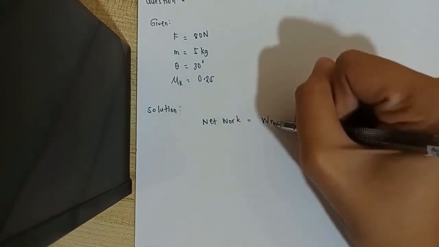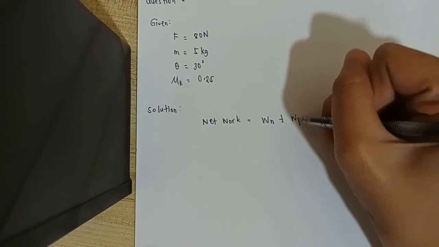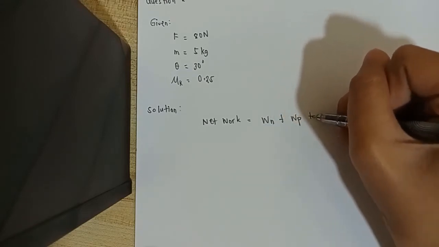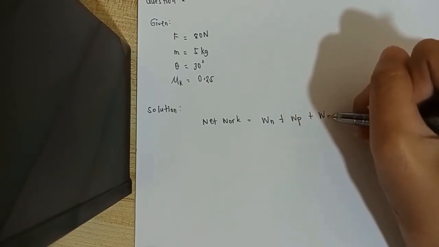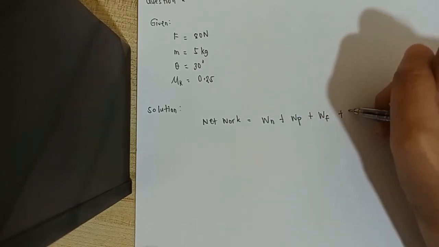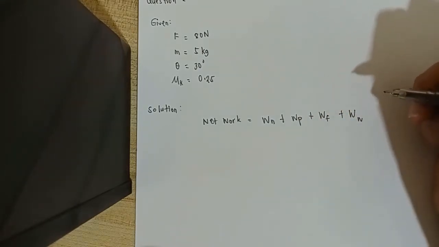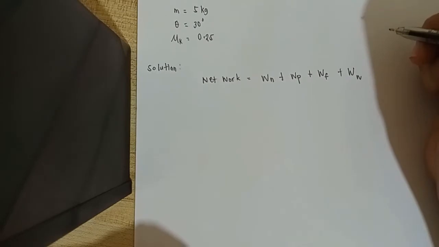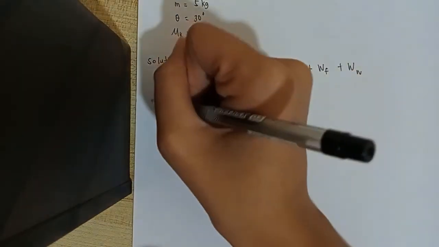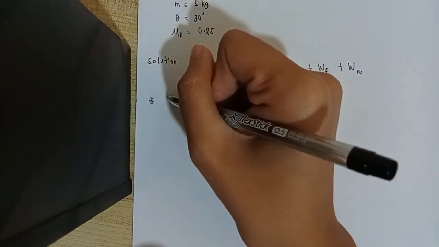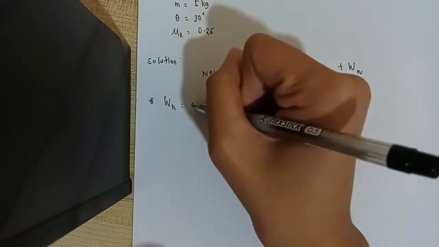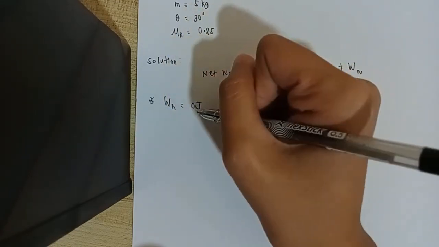In order to solve for net work, we have to add all the work in all directions, which is the N, P, Fk, and W. So the work, we will solve them individually.